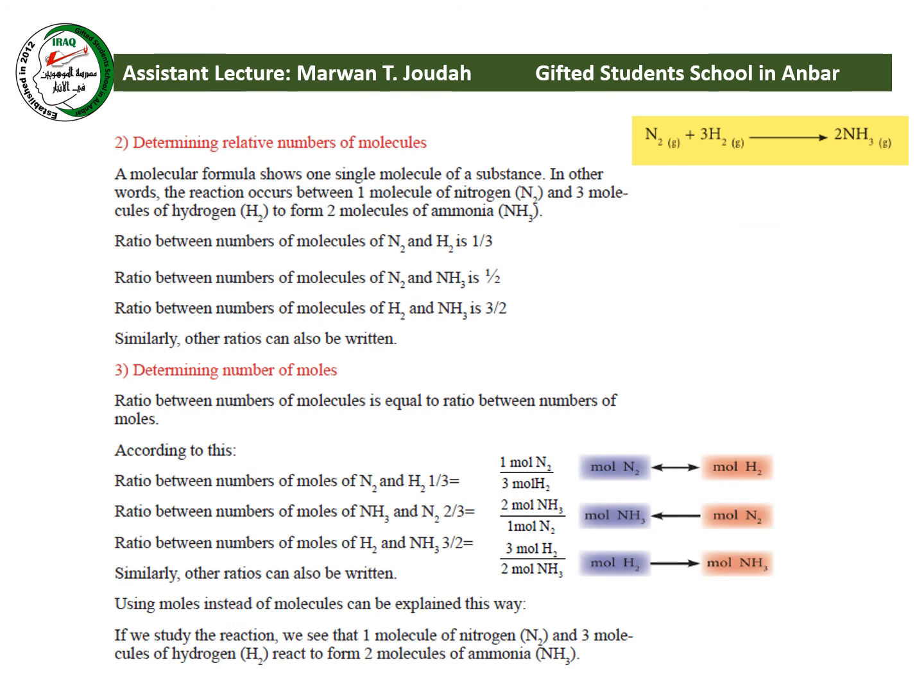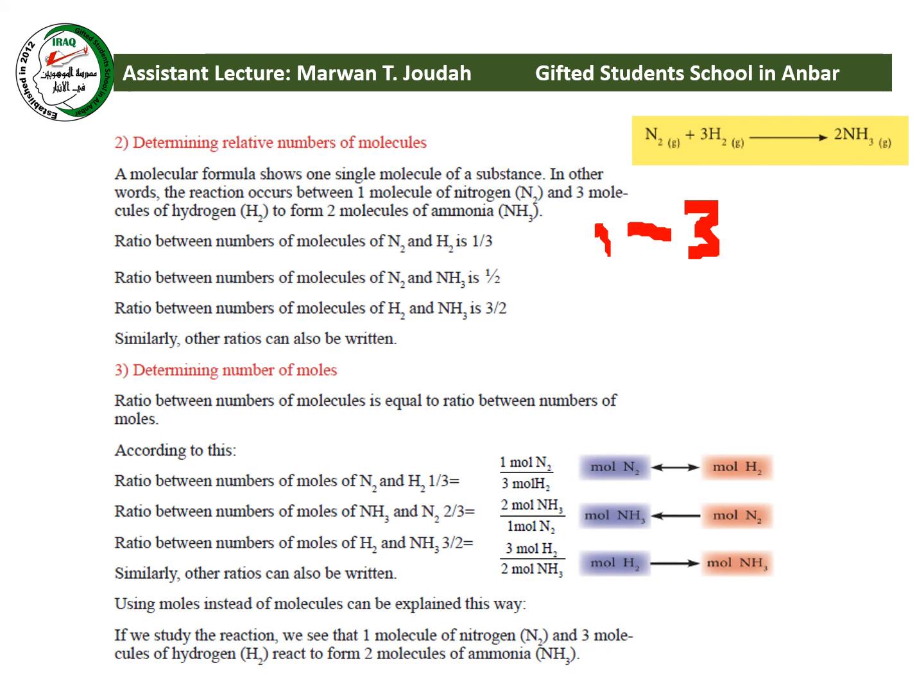The second one, determining the relative numbers of moles. From the ratio between the numbers of moles of nitrogen and hydrogen, we have 1 mole of nitrogen and 3 moles of hydrogen. So 1 to 3, the ratio. This is between the nitrogen and hydrogen.